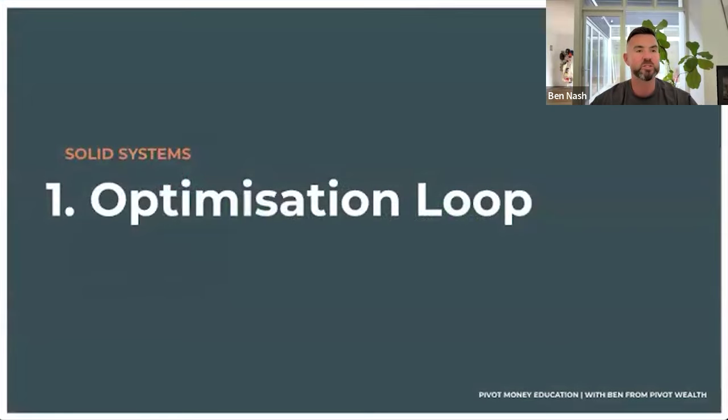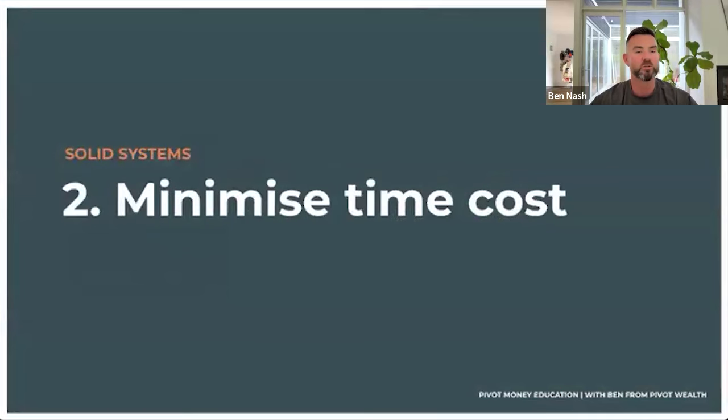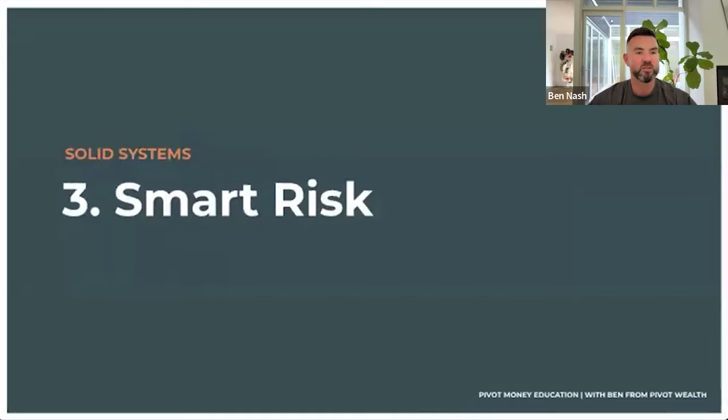That's really important when you're using entities so that you can make good decisions. You also want to minimize your time cost and the time input. There's quite a few greens in that as well. So it seems like you guys are doing well on that one already, but that's something that's super important as well. And then we get into the smart risk.